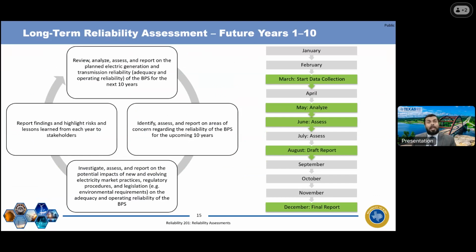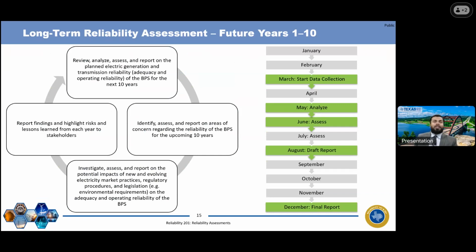Let's talk about the long-term reliability assessment first. The main purpose of our long-term reliability assessment is to review, analyze, assess, and report on the planned electric generation and transmission reliability of our electric grid for the future years, 1 through 10. Our data collection starts as early as the end of the first quarter. As we compile the data, we trend them and perform further analysis.